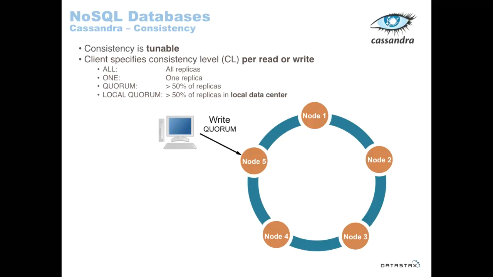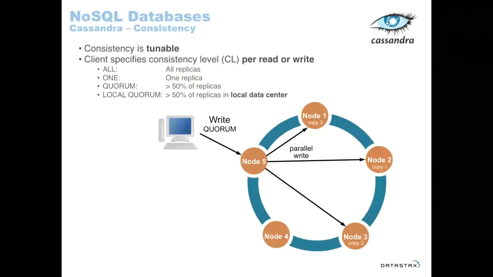Now, an example of this: we write to the data center, and we specify the quorum level of consistency. This node does a parallel write, and since our replication factor is 3, it makes 3 copies of that data.